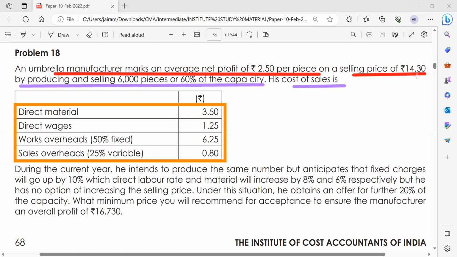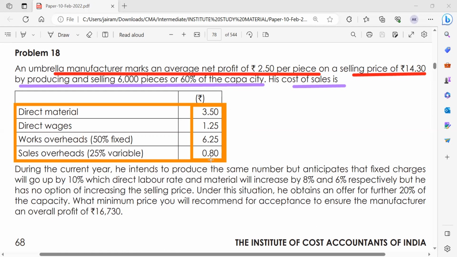So 14.3 minus 2.5 will be 11.8. You can see 1.25 plus 6.25 is 7.5, then 10.5, then 11.8.